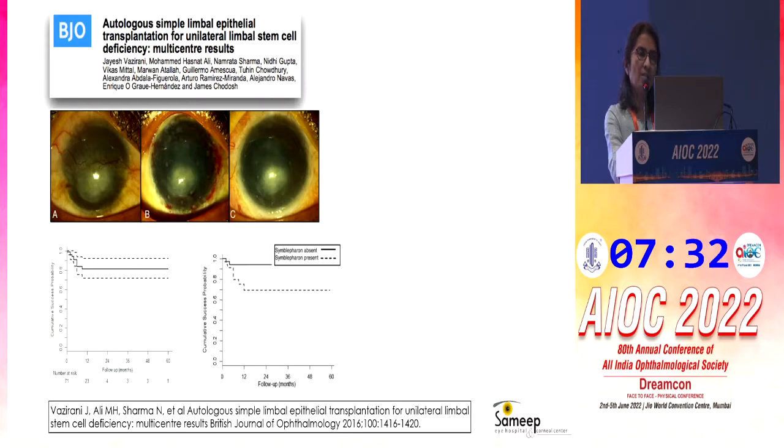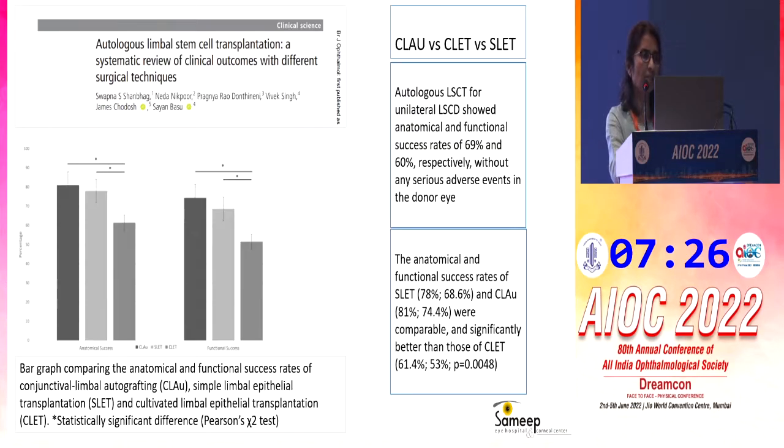Looking at the results, a lot of researchers came up with multicentric studies, and the results were very encouraging. As you can see here, they compared autologous limbal stem cell transplantation with CLET and SLET. Autologous limbal stem cell transplantation for unilateral limbal stem cell deficiency showed anatomical and functional success rates of almost 69% and 60% respectively, without any serious adverse events in the donor eye.